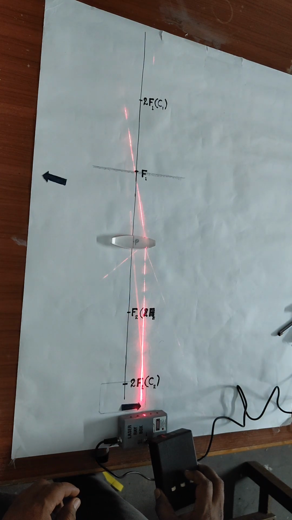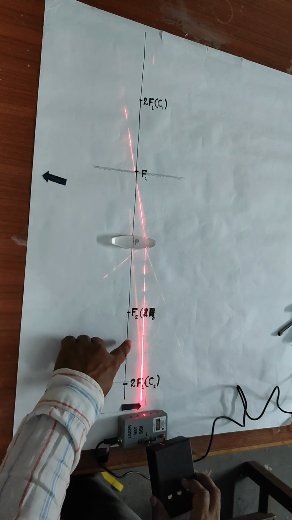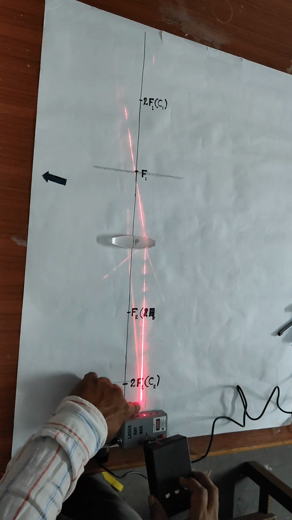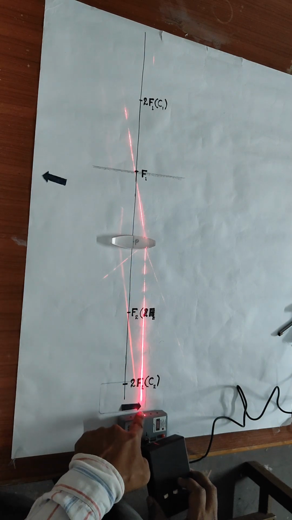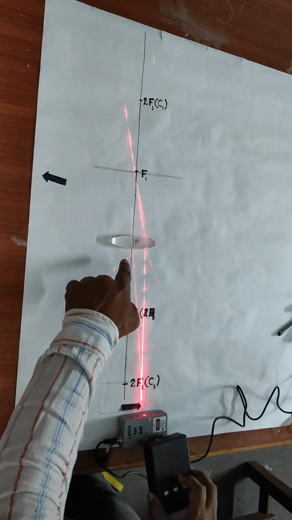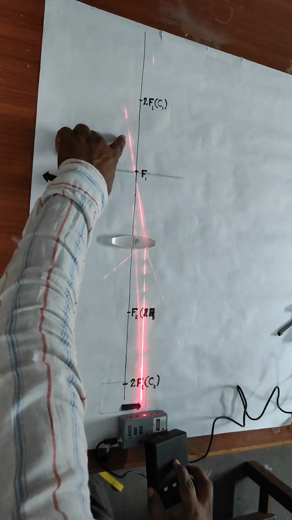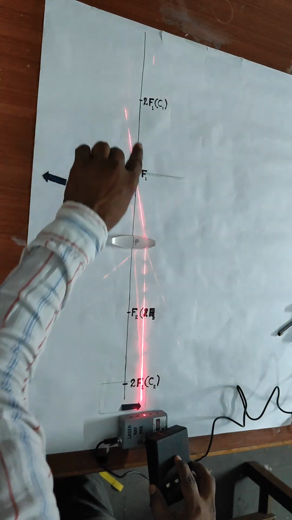Observe the second ray. This is the object. The ray is passing through the optic center. These two refracted rays meet at this point.